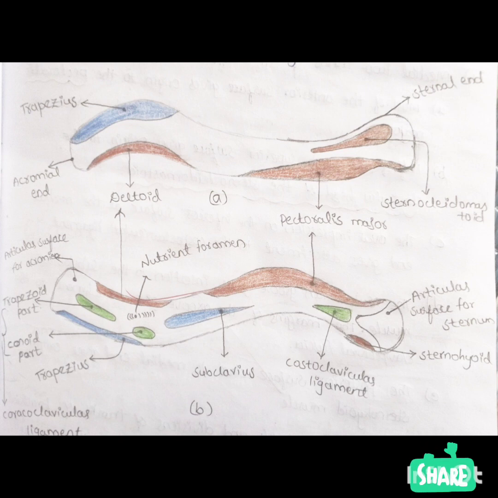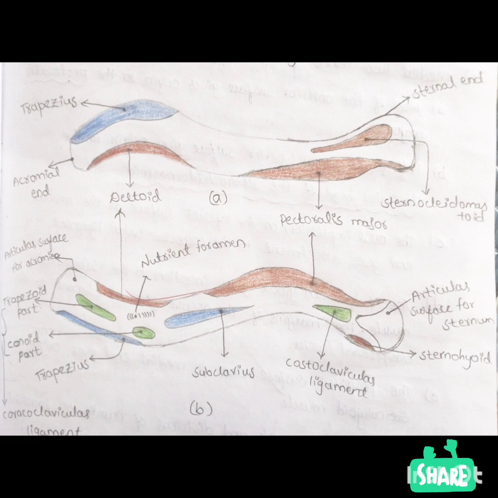Now, the oval impression on the inferior surface at the medial end gives attachment to the costoclavicular ligament, and the subclavian groove gives insertion to subclavius muscle, and the margins of the groove give attachment to the clavipectoral fascia. The posterior surface close to the medial end gives origin to sternohyoid muscle, and the nutrient foramen transmits a branch of suprascapular artery.